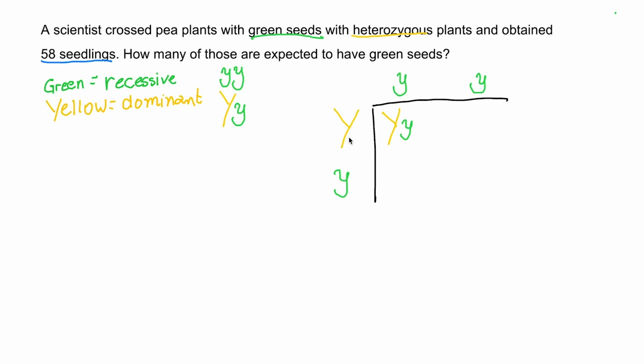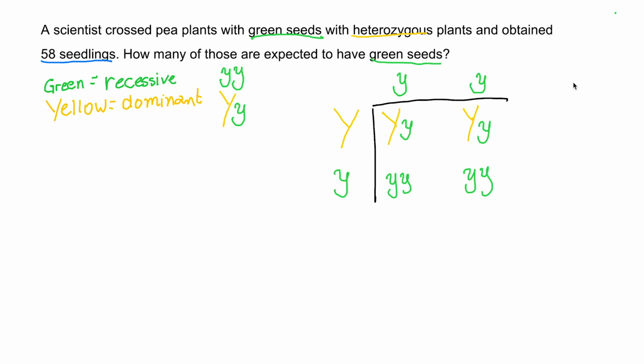The other possibility is having this big Y with the other small y. So one big Y and one small y from this one here. Or I could have one small y with the other small y, and the same situation here, small with small. And these are the four possible combinations I can have.